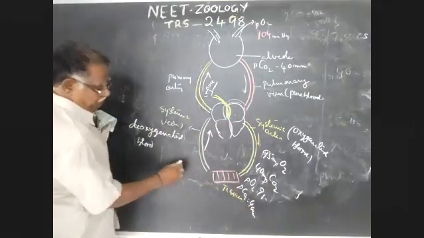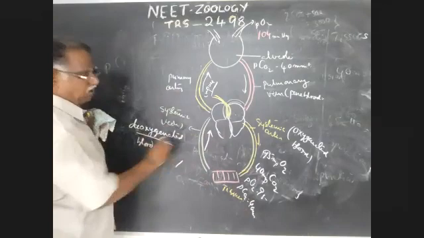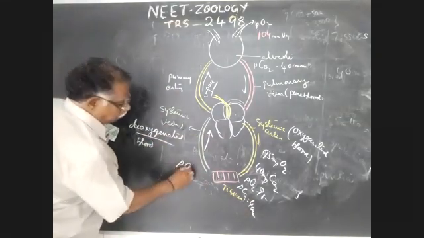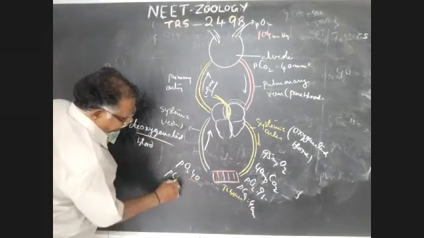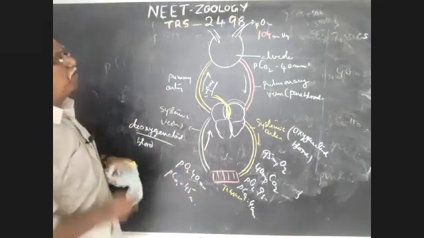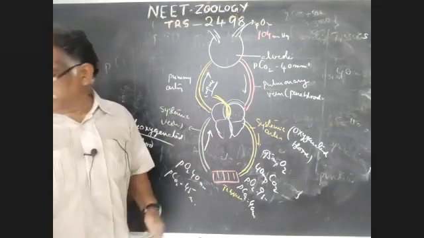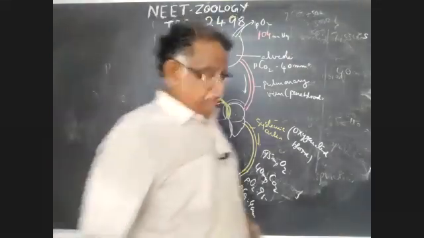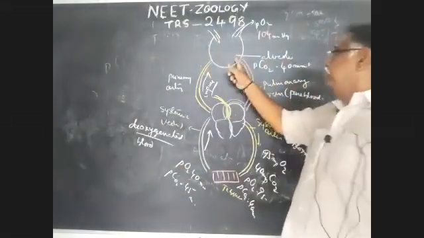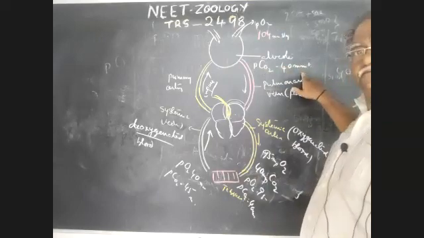From tissues, this is deoxygenated blood. Deoxygenated blood contains PO2 40, PCO2 45. These figures you have to remember. So this is alveoli, containing PO2 104, PCO2 40.